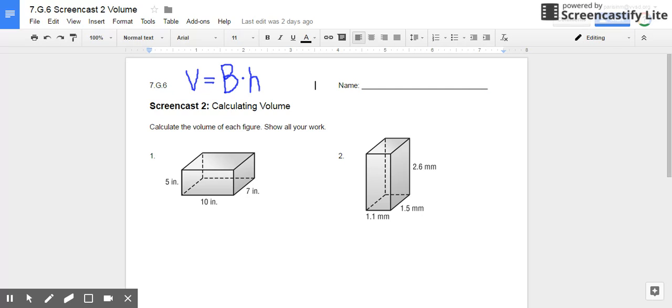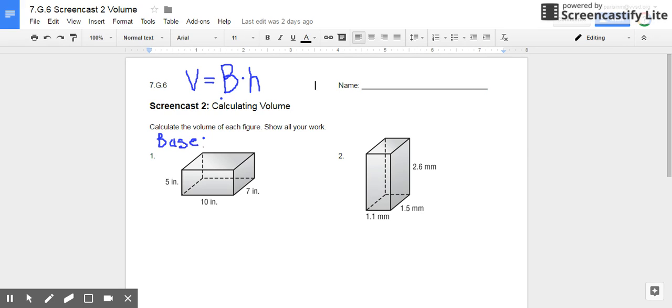A few days ago we talked about what the bases were of rectangular prisms and triangular prisms, and the name kind of gives it a hint. So if we have a rectangular prism, right here on the left, the base of a rectangular prism is going to be a rectangle.